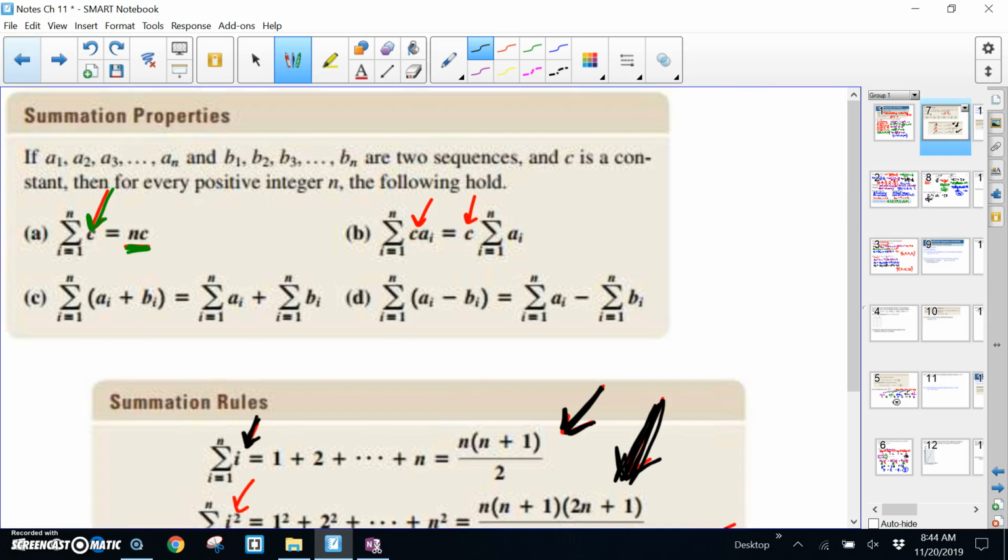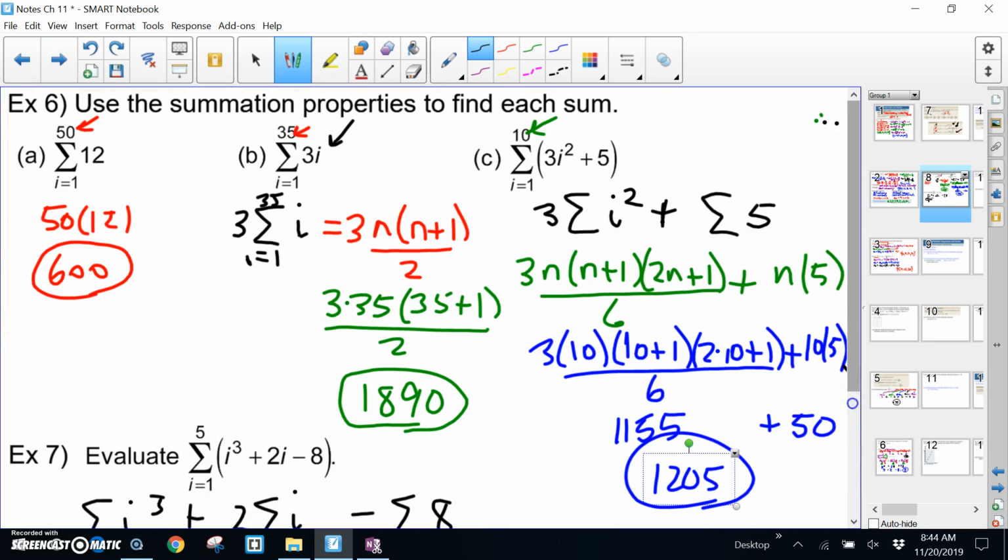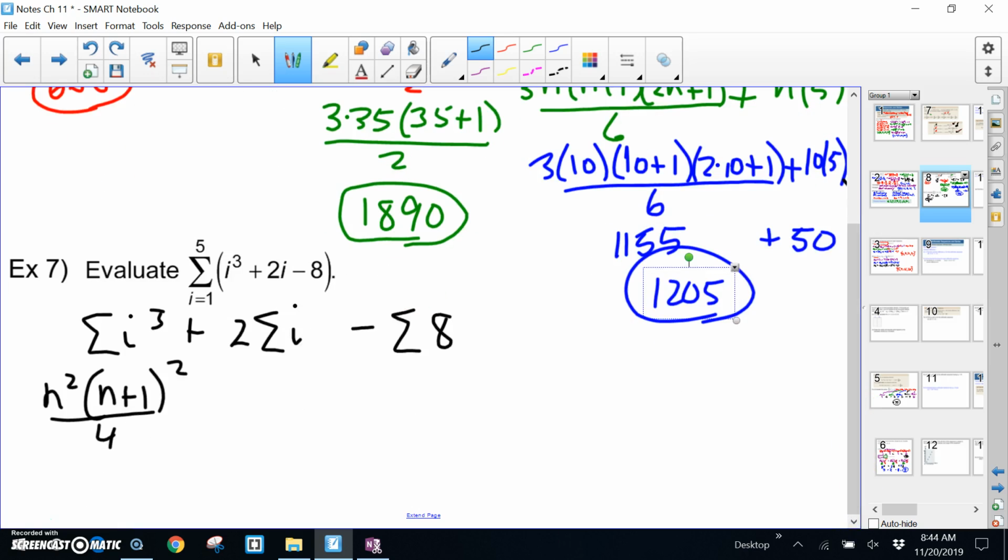Is that right? And then plus you're going to have a 2, and then the i shortcut, we've already used it once, n times n plus 1 over 2, minus, and then the constant number is just going to be n times 8.